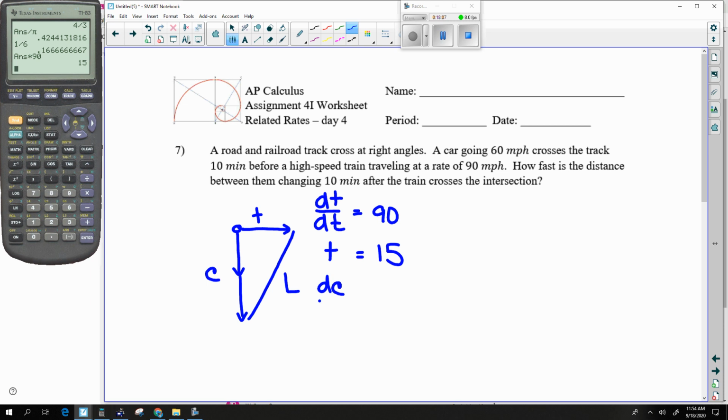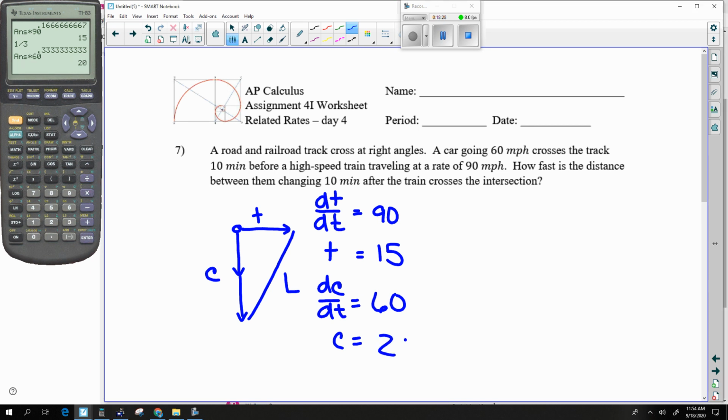The car is going at 60 miles an hour, and the current car location is at 20 minutes, so that's 1/3 of an hour at 60 miles an hour.